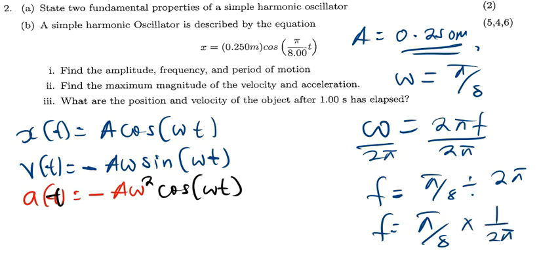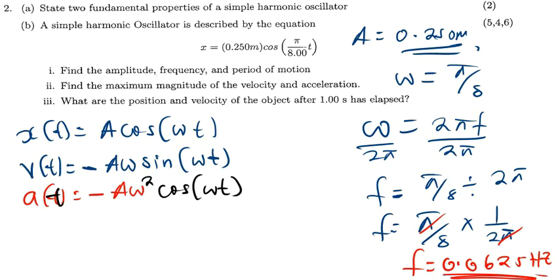Then we can cancel the pi. 2 times 8 is 16, so it's the same as just saying 1 divided by 16. That should be 0.0625 hertz. As simple as that.